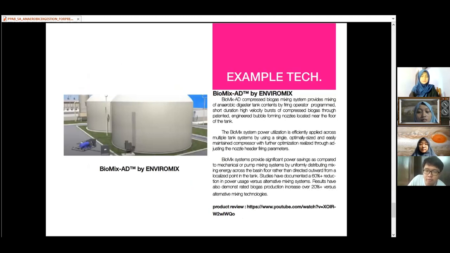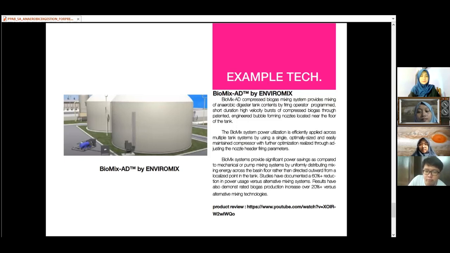Short duration, high velocity bursts of compressed biogas go through patented engineered bubble-forming nozzles located near the floor of the tank. The Biomix system power utilization is efficiently applied across multiple tank systems by using a single optimally sized and easily maintained compressor, with further optimization realized through adjusting the nozzle header firing parameters.